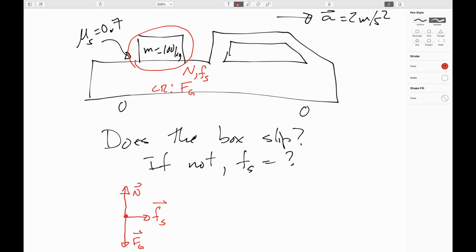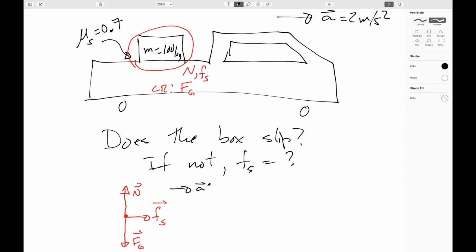And why is that? It's because we know that the crate is accelerating to the right. And the normal and gravity are going to cancel because they're in the y direction, and those are the only two forces in y. And the crate is neither flying off nor crashing through the truck.